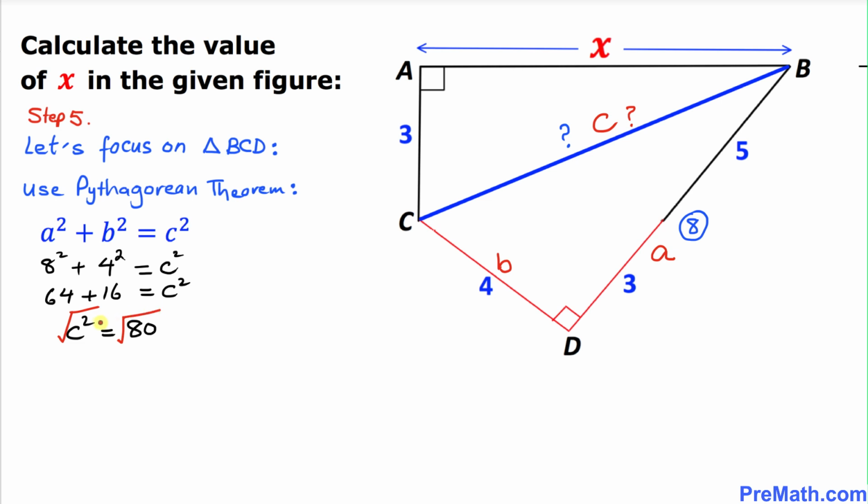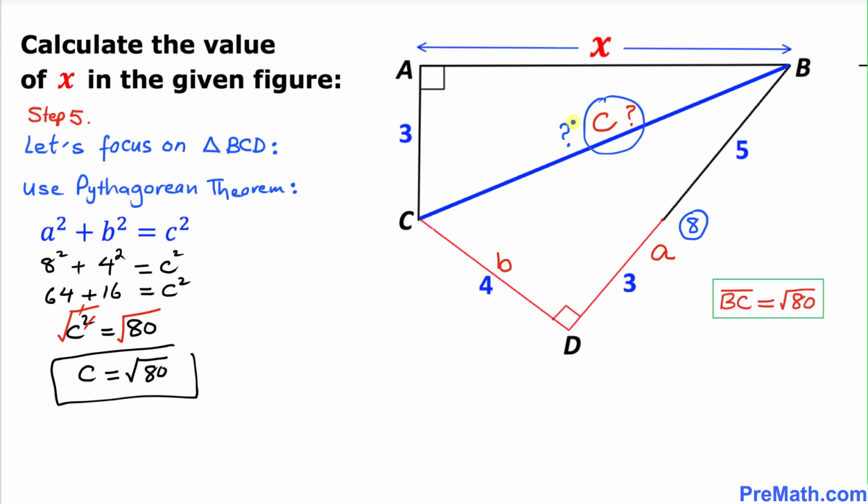So the square and the square root are gone. So we got c as the square root of 80. And since c represents this line segment BC, I wrote down that line segment BC equals the square root of 80.